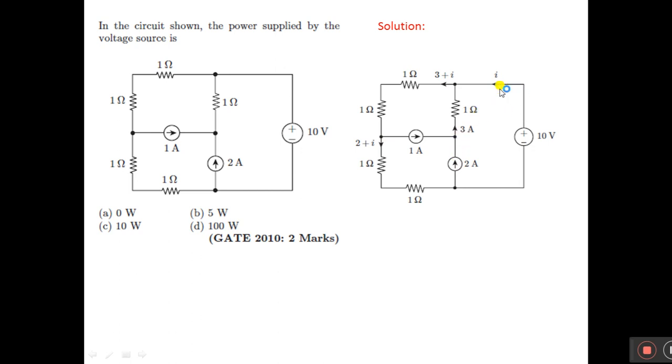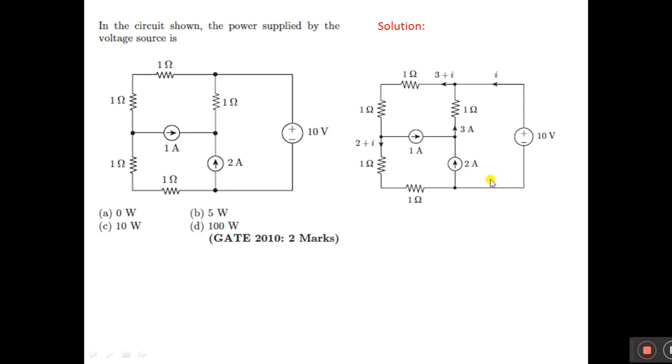The general current coming from the voltage source is I. So this is 3 plus I. Right? So at this junction, 1 ampere current is leaving, so 3 plus I minus 1 gives 2 plus I. So this 2 plus I will appear here. Anyway, the 2 ampere leaving here, we automatically get the same I only.